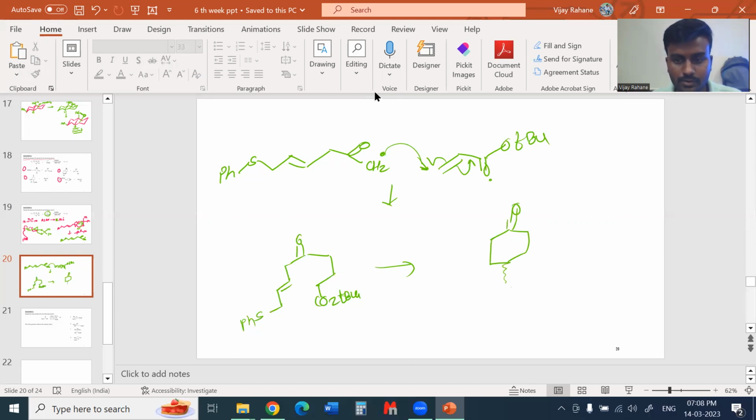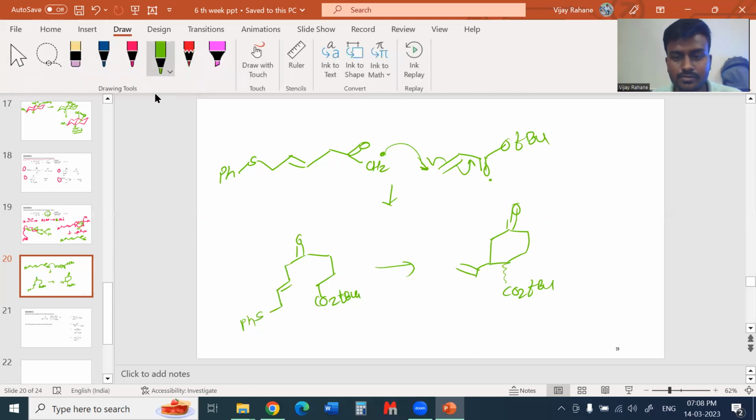The stoichiometry of this bond will not be defined because it's a radical mechanism, and here there will be a double bond. So like this will be a product.